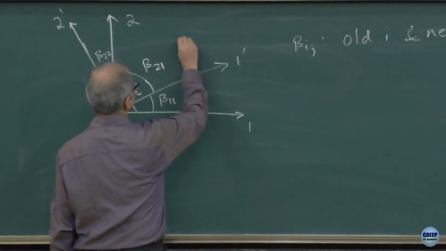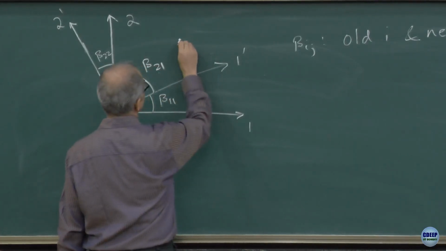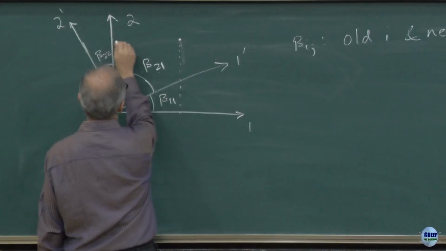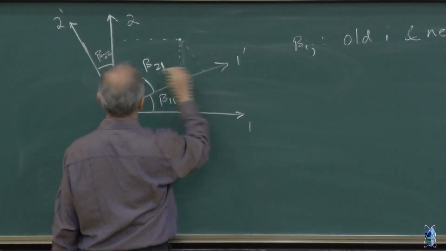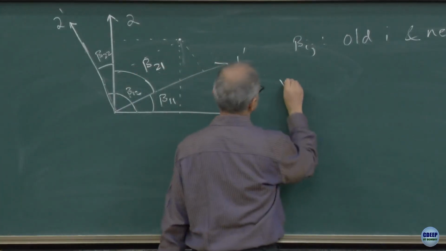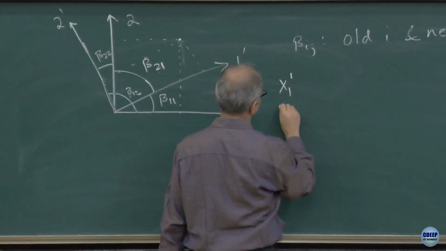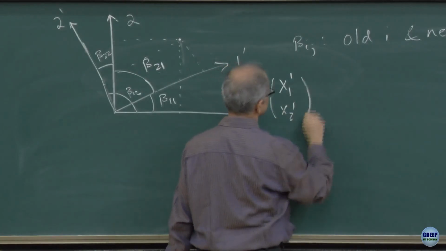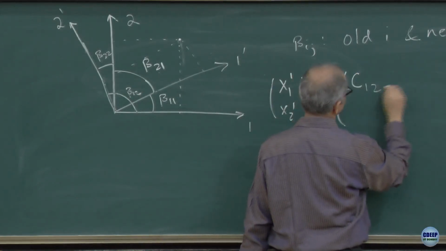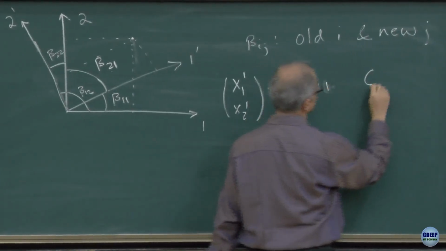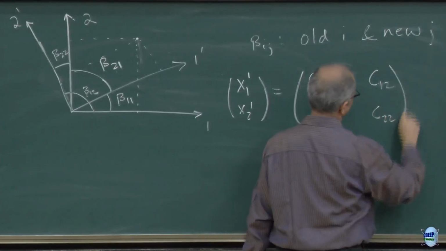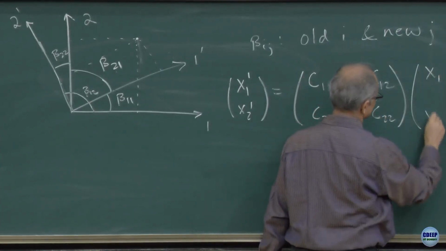So if I take any point here, any vector here, we know that these are the components in the original coordinate system, and in the new coordinate system, these are the coordinates. And we said that we can find x1 prime and x2 prime in the form of a matrix, which is C11, C12, C21, and C22, multiplying x1 and x2.